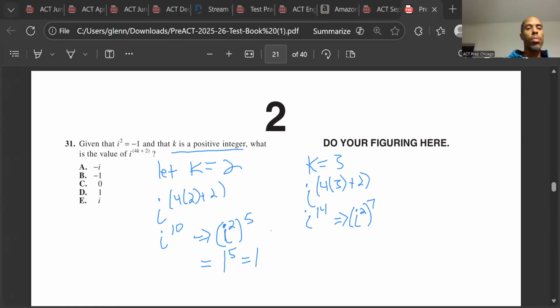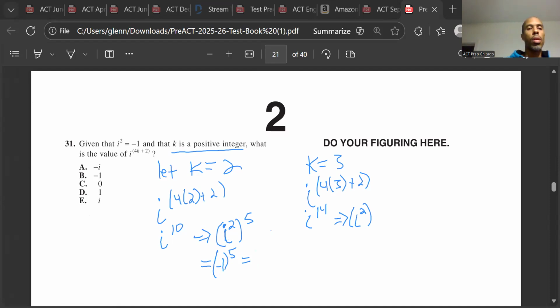Whoops, what did I do? Over here it should have been i squared equals negative 1. I squared is supposed to equal negative 1.